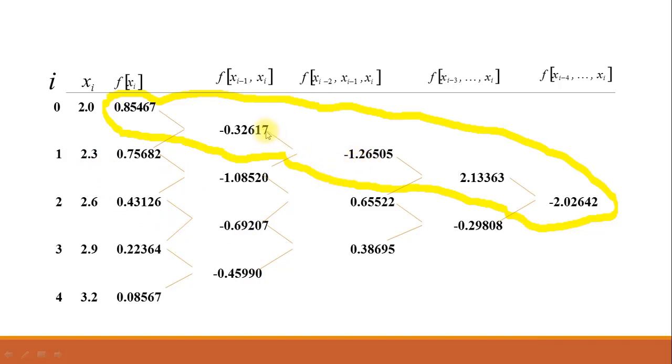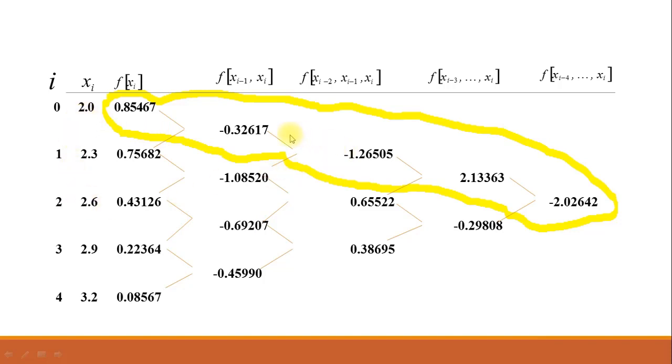For example, subtract minus 0.32617 from minus 1.08520 and skip 2.3 and subtract 2 from 2.6, and then divide the difference of these two terms by the difference of 2.0 from 2.6.